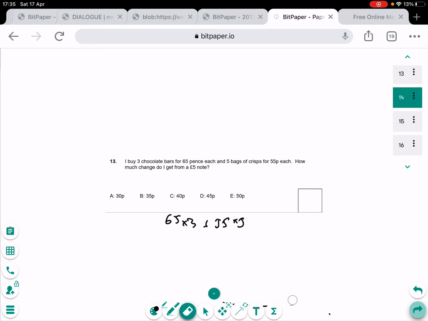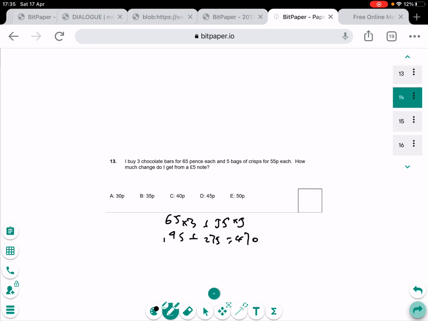So 195 plus 275, which equals 470. So that's 470p, which is £4.70.